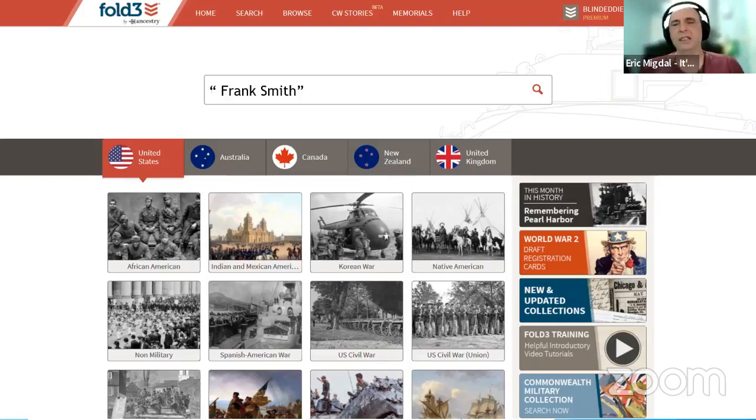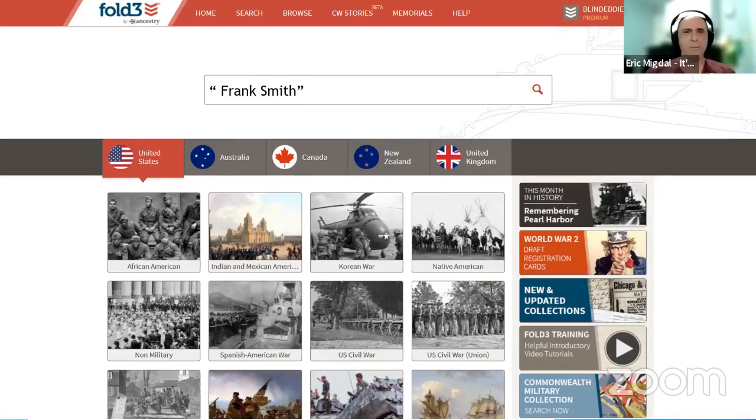One of the things I like to show people in the presentations right off is when you go to a search location and you want to look up information and they have one single search bar window like Google has, like this on Fold 3, and you're looking for something specific, one of the best tips is to put the information in quotation marks. This will allow you to search for Frank Smith.